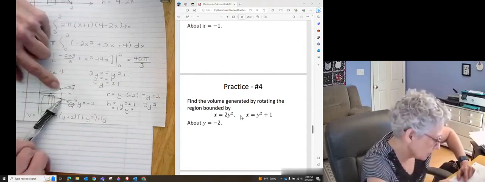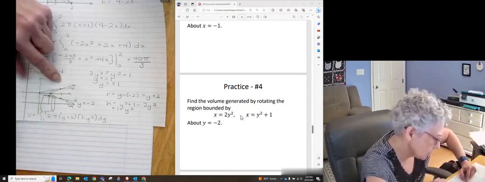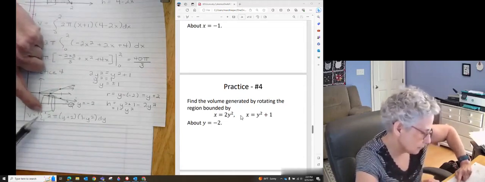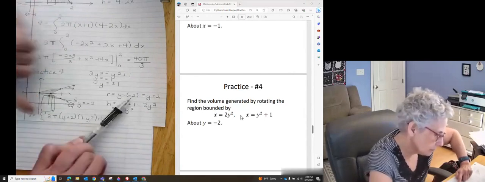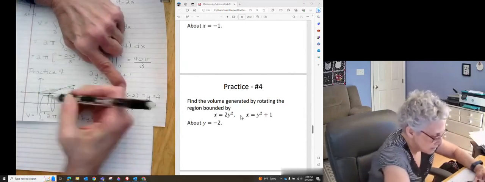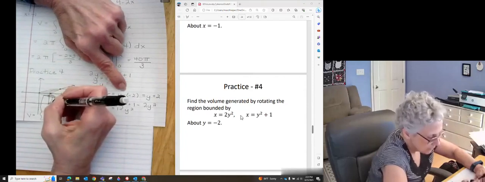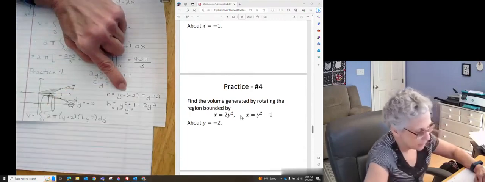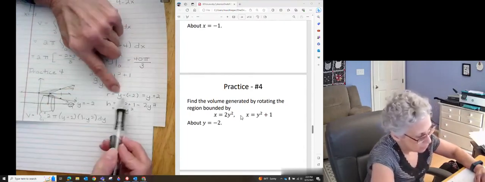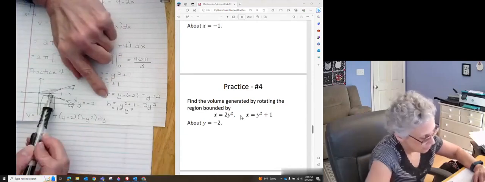So I found their intersection points when y is equal to plus or minus 1, when x is equal to 2. So I integrated from negative 1 to 1. My radius is equal to the distance from my y-coordinate to the axis of rotation, so y minus -2.